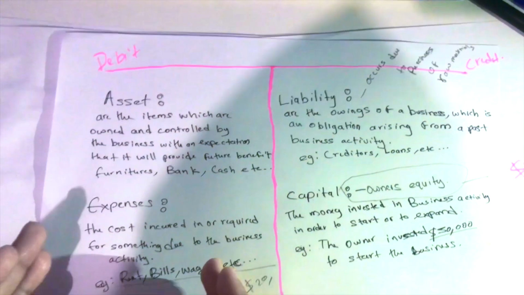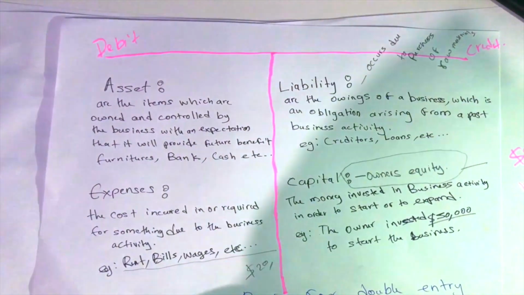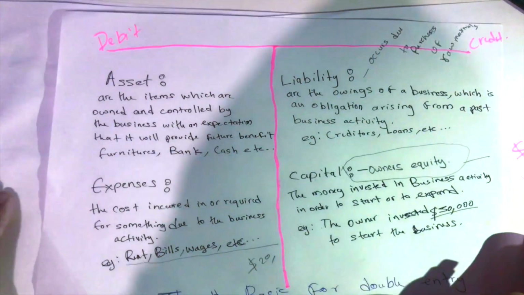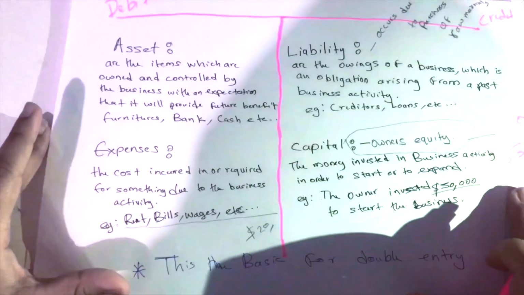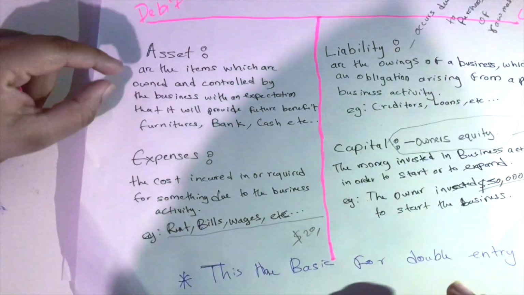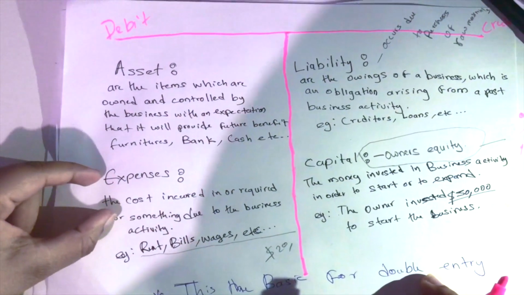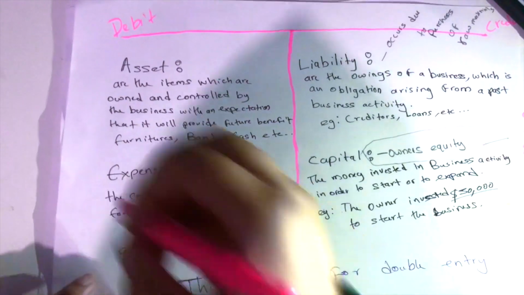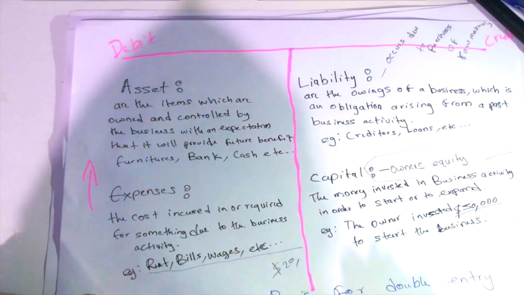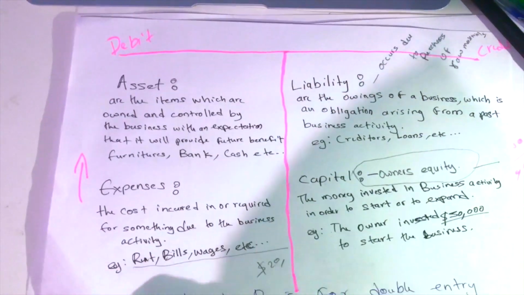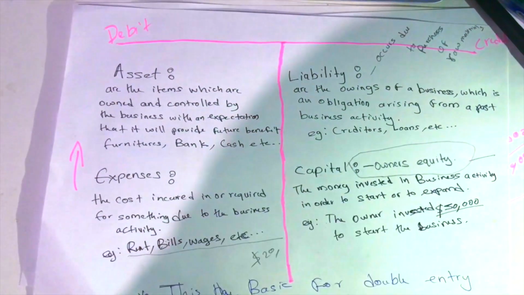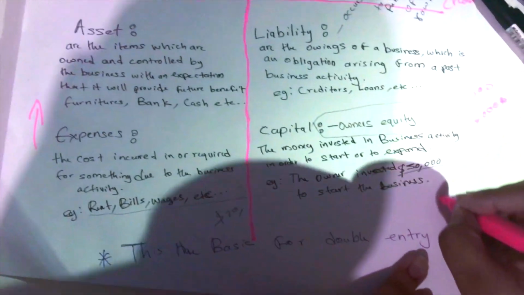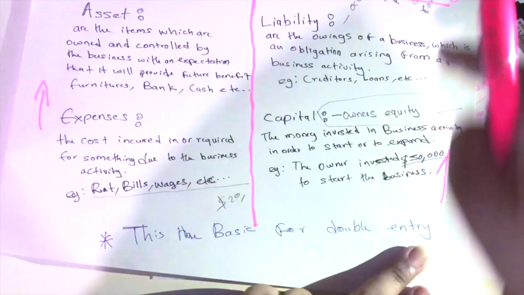So this is your debit side and this is your credit side. The asset and expenses, if they increase, will be on the debit side. The liability and the capital, if they increase, will be on the credit side.